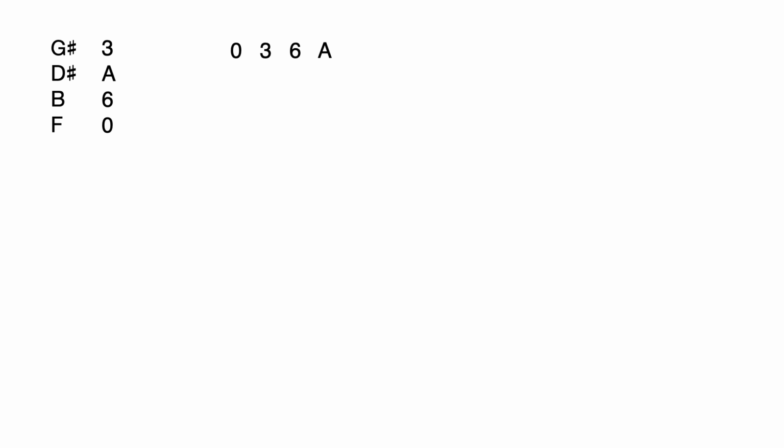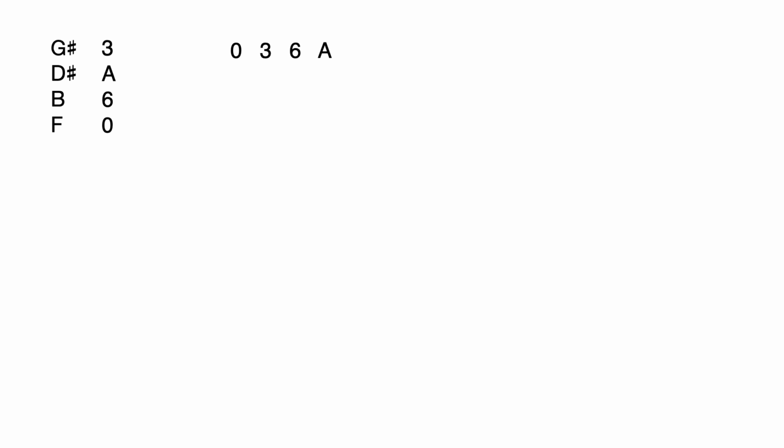If you take any chord and assign these set numbers, what I would first recommend you do is put that in numerical order, or set order. So instead of 06A3, we put it in order in one octave as 036A.